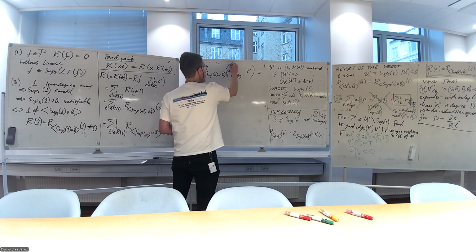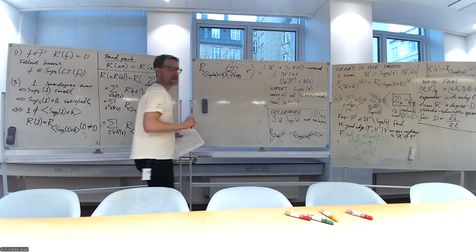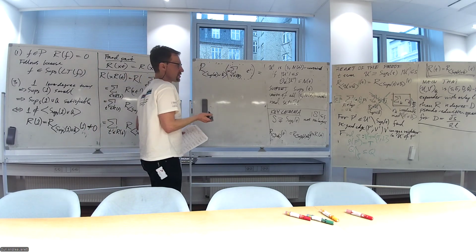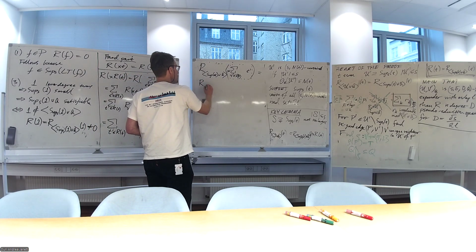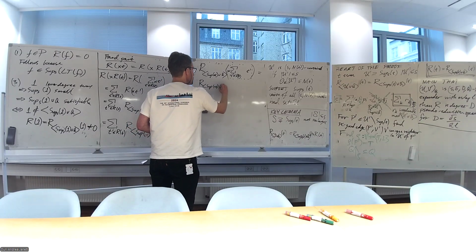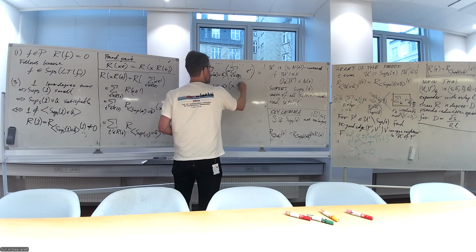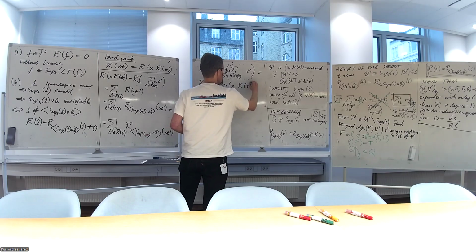What do we have here? Well, this is just R of t, right? So now we get the reduction modulo the support of xt union q of x times R of t.